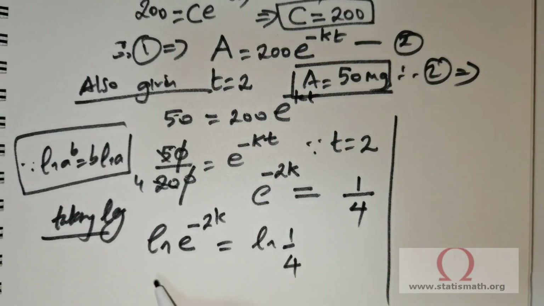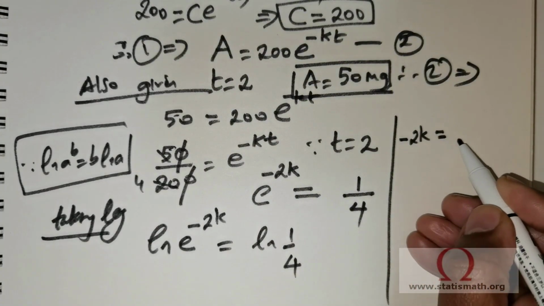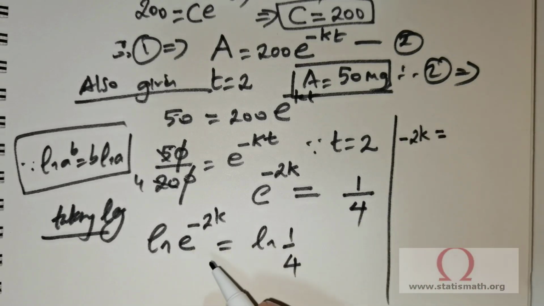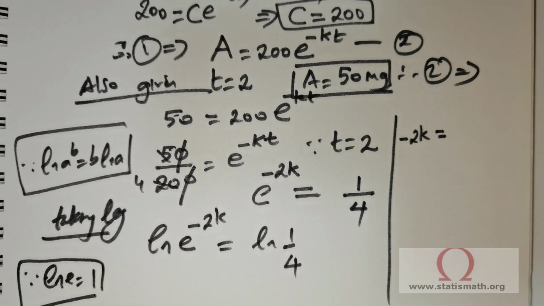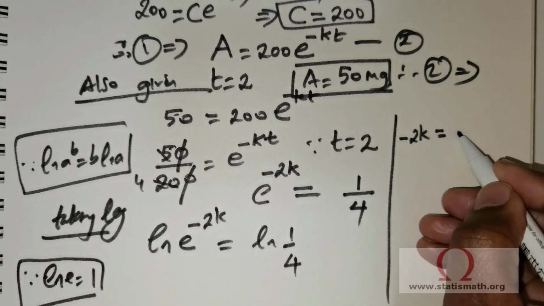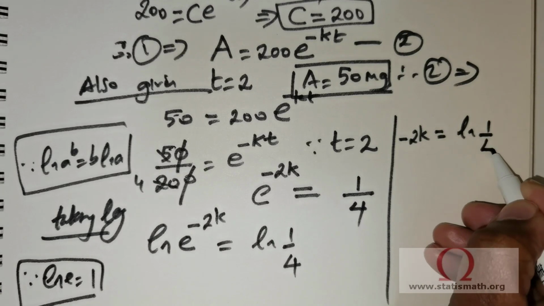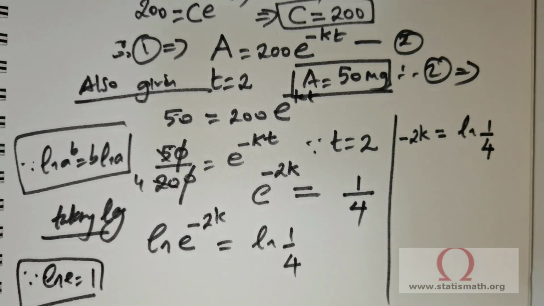I can rewrite this as negative 2 times k is equal to, now I'm not placing the ln e here. Why? Because you got to know ln e is equal to 1. Have that in mind. So that's the reason I'm directly writing it as negative 2k, and that is equal to ln 1 over 4.